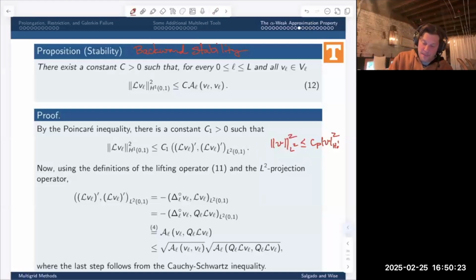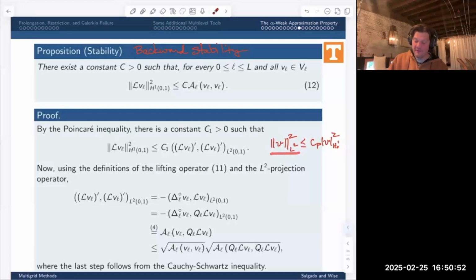But in any case, why does that inequality lead to this inequality here? Well, if we use it as a square, we can add the H1 seminorm squared of V to this side, and we can add the same H1 seminorm over here, and we're going to get CP plus 1 times that same seminorm squared.